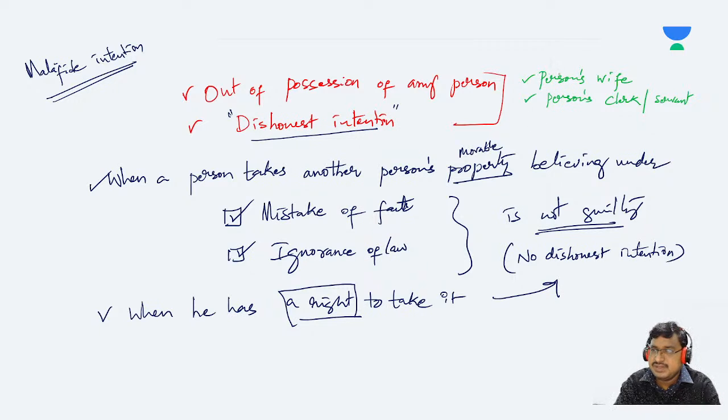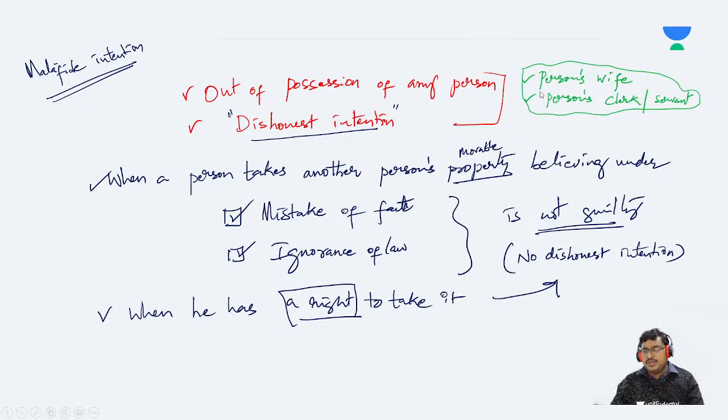Okay. Here, the wife or the clerk is not at all the true owner of a particular property. Now, the property has been taken out from the possession of such person's clerk or such person's servant.